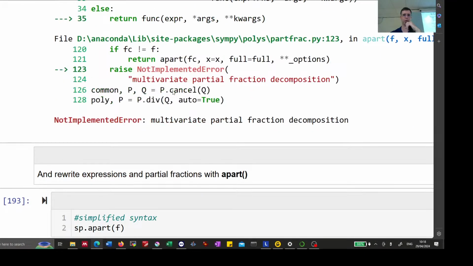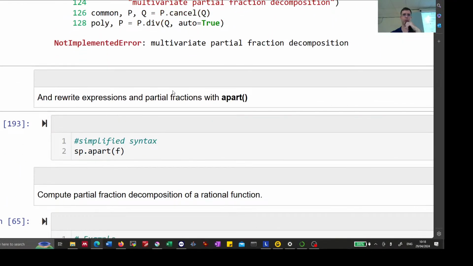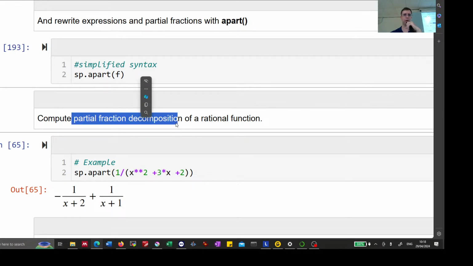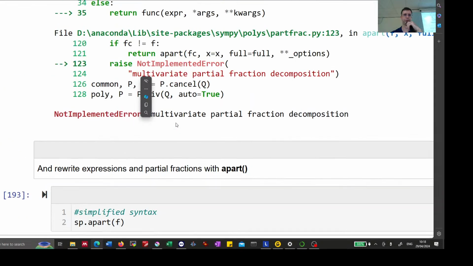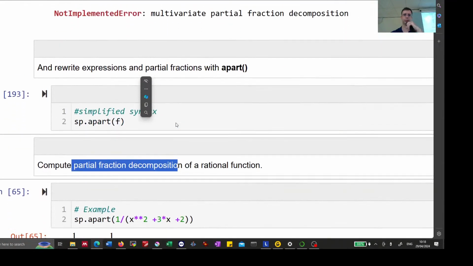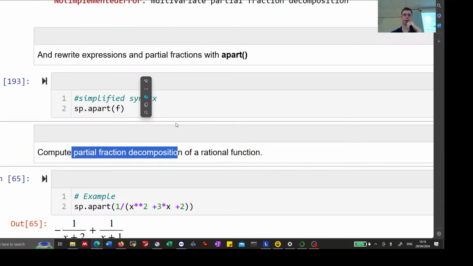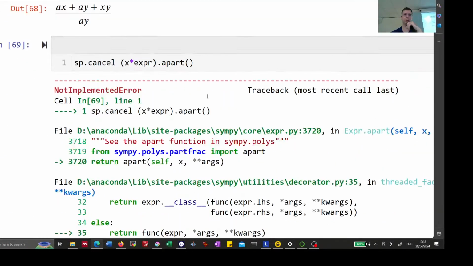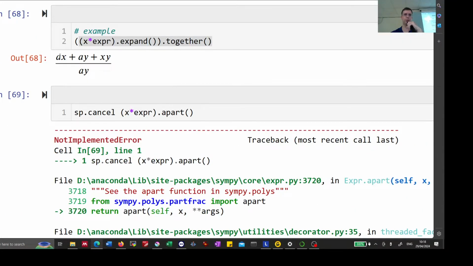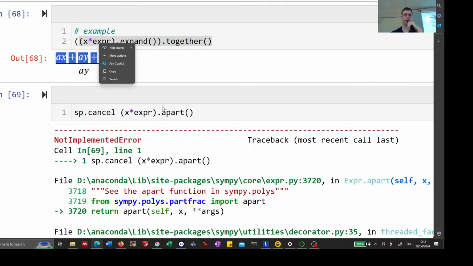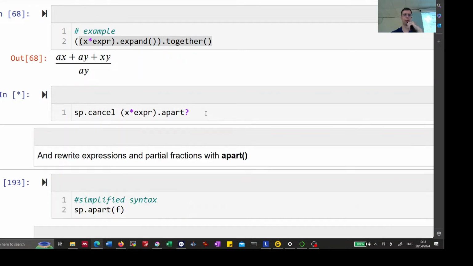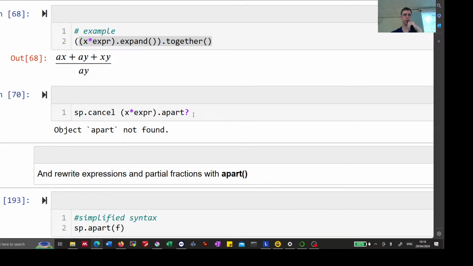Multivariant fraction, partial fraction decomposition, yeah. Compute partial fraction decomposition of a rational function. Okay, so it didn't work because it's multivariant, meaning we have too many variables actually. Not found. Okay.